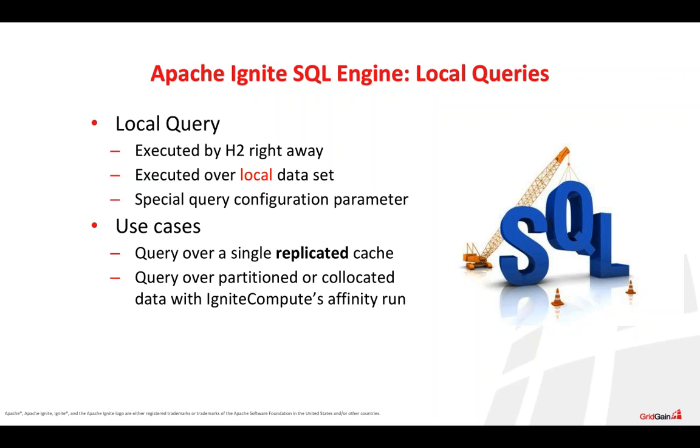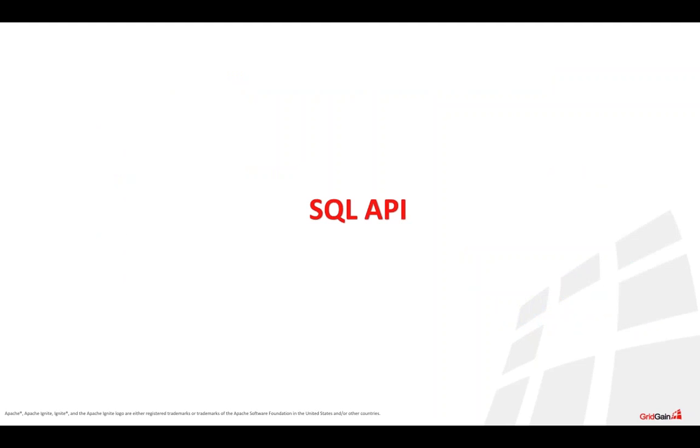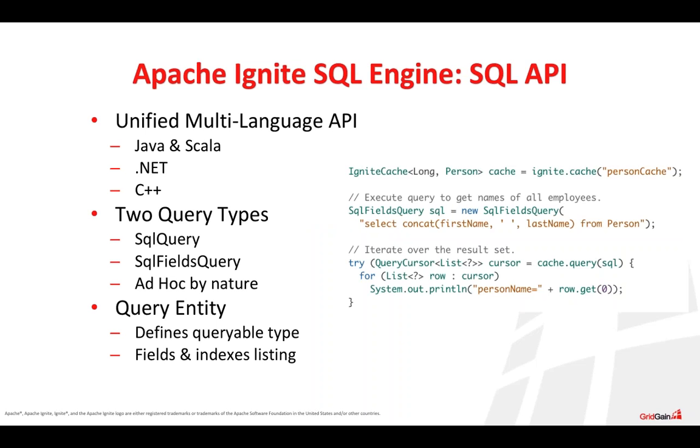In this scenario, you can also use local SQL queries, but you have to use Ignite Compute's affinity run method, because it will make sure that the data grid partitions which are actually being queried by local and other SQL queries are not moved during the query execution if the topology changes, if a node joins or leaves the cluster.